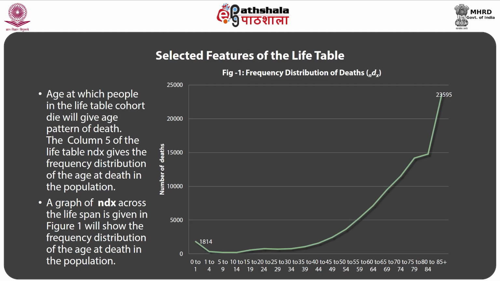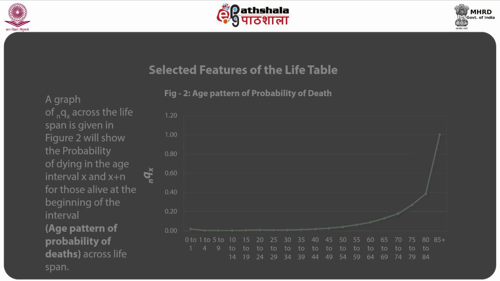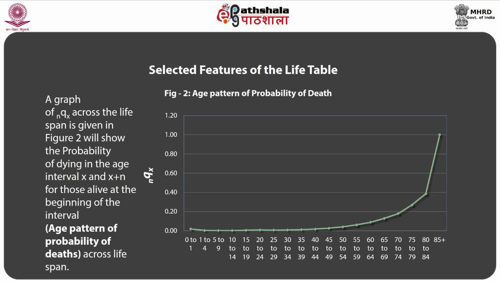A graph of nqx across the lifespan is given in figure 2 and shows the probability of dying in the age interval x to x plus n of those alive at the beginning of the interval.